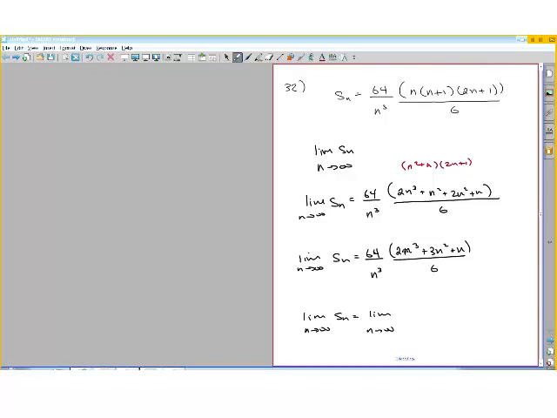Okay, now each one of these terms we're going to divide by n cubed. So we'll have 64 times 2n cubed divided by n cubed plus 3, and let's put the 6 out here for the time being, 3n squared divided by n cubed plus n divided by n cubed.